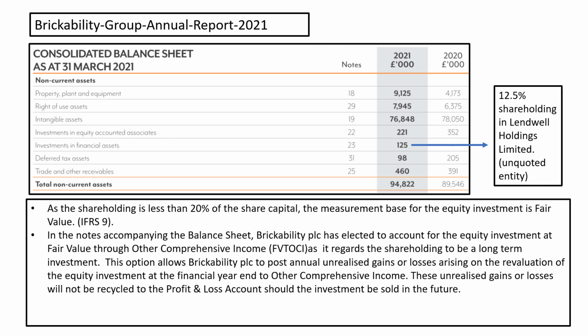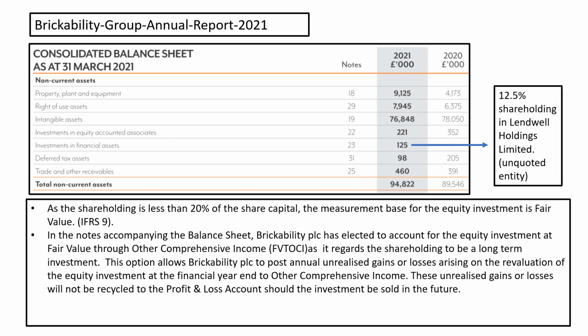In the notes accompanying the balance sheet of Brickability PLC, it has elected to account for the equity investment at fair value through other comprehensive income, as it regards the shareholding to be a long-term investment. This option allows Brickability PLC to post annual unrealized gains or losses arising on the revaluation of the equity investment at the financial year end to other comprehensive income.